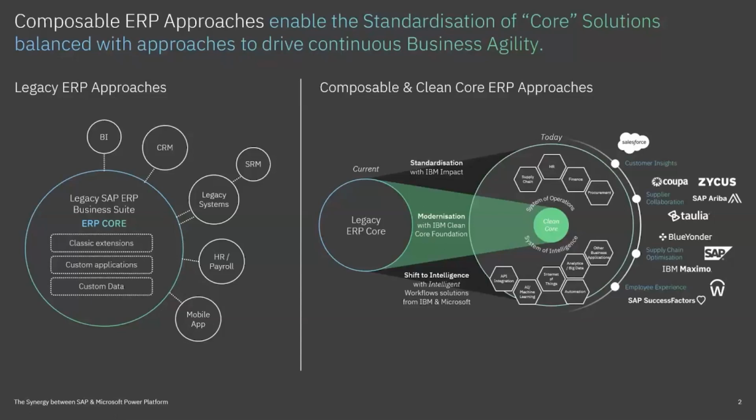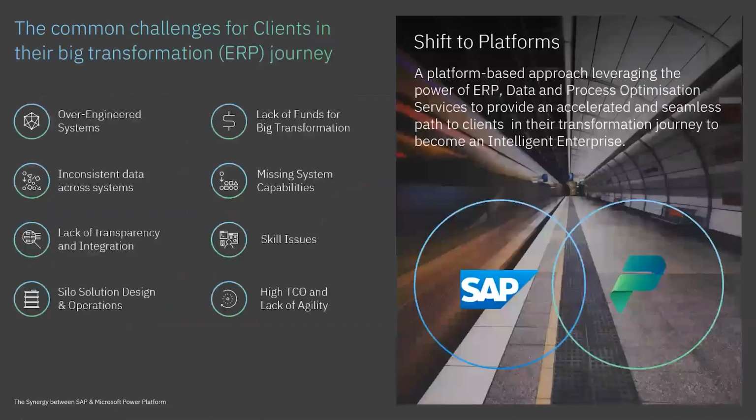Now, one of the tools that we use around the outside, for day-to-day interactions with SAP, is the Microsoft Power Platform. If we have a look at these two technologies coming together, you can see that it addresses some of the common challenges faced by SAP customers.